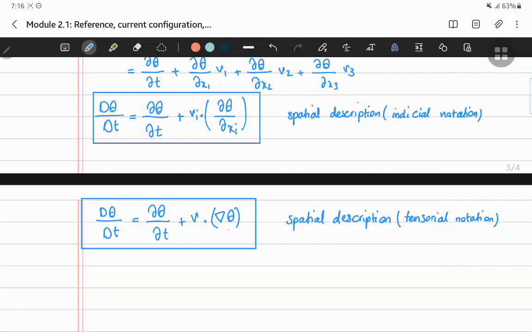So this is the complete form or relation. You have V, and you calculate their dot product, and then you calculate the material derivative.